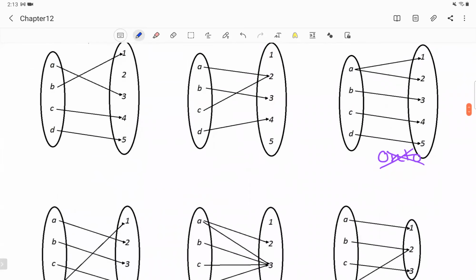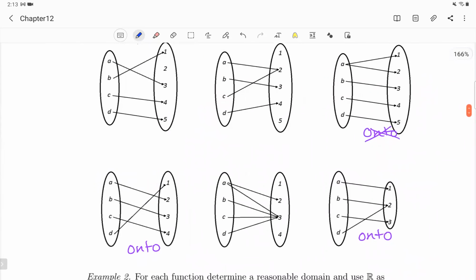Which ones would you say qualify as one-to-one? The first one. What else? The fourth one also. Okay. That second one doesn't, because both A and C have a matching output.